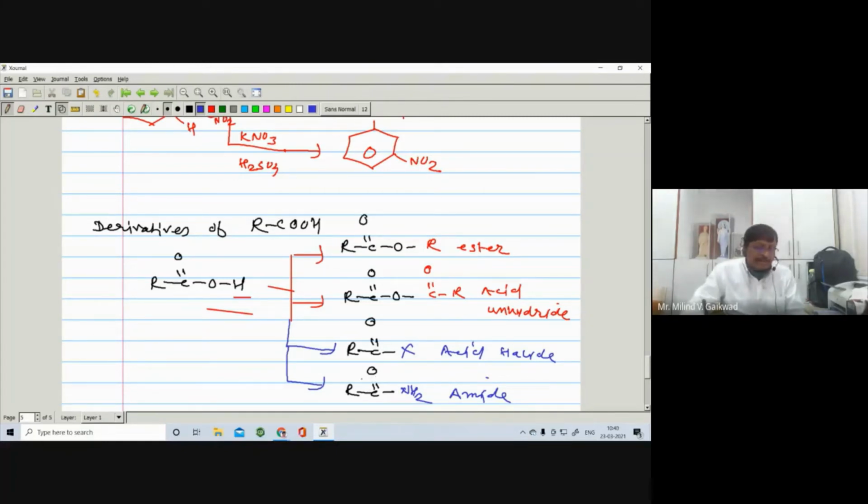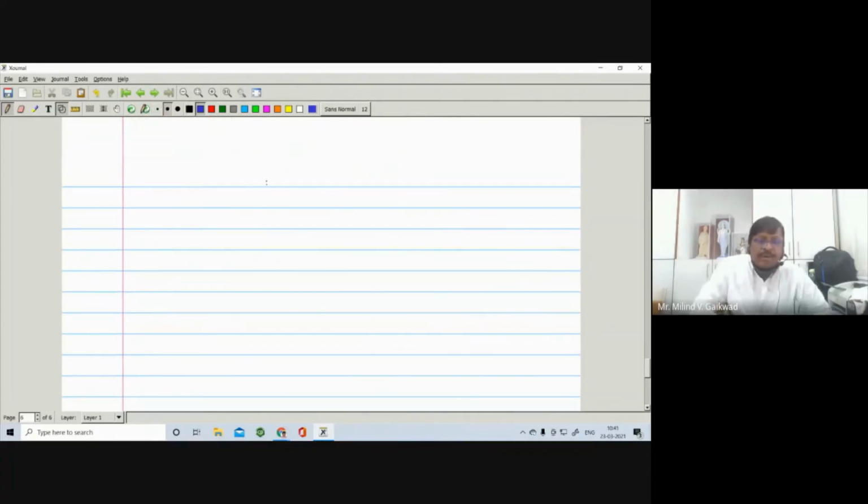So these are the four examples that you have learned, right? Now, the physical properties of these derivatives of acid. If you see acid derivatives, they have a polar character due to the presence of the CO group.